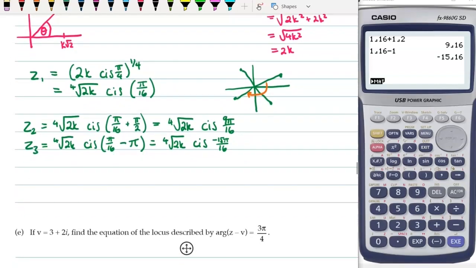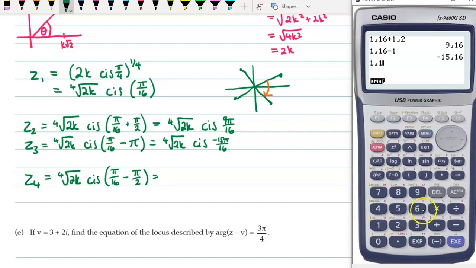Just give myself a little more space for the next one. So z to the 4, fourth root of 2k cis, and this one will be taking us from the first solution just back by one lot, so back by 90 degrees or pi by 2. So that'll be pi by 16 take away pi by 2.